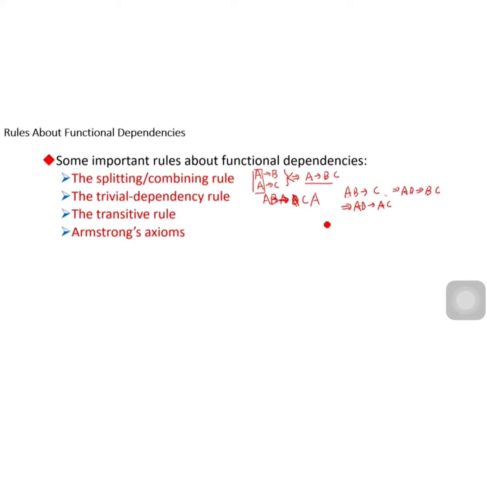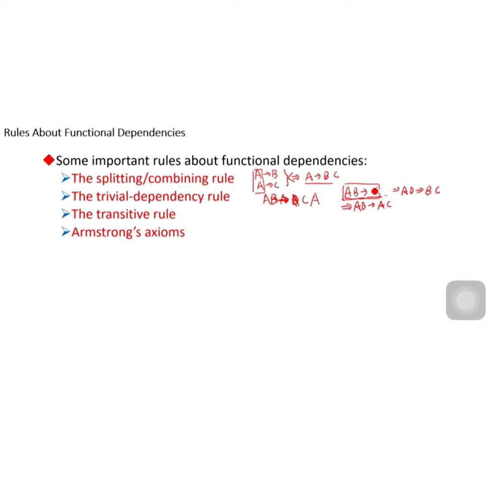A completely non-trivial dependency is one where we cannot find any attributes appearing in both the left side and the right side.